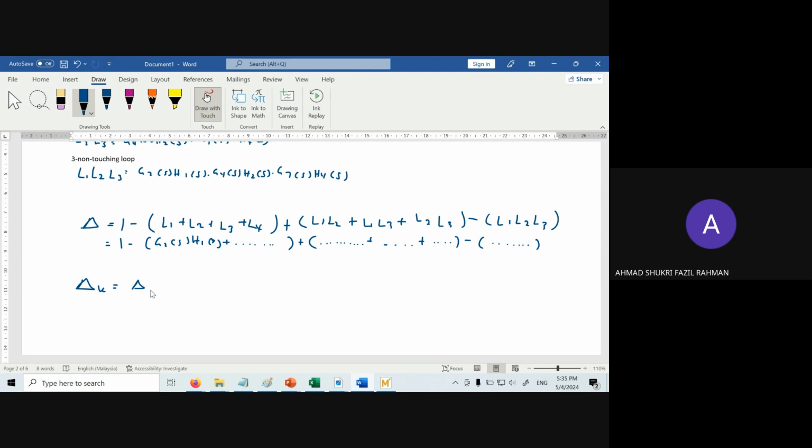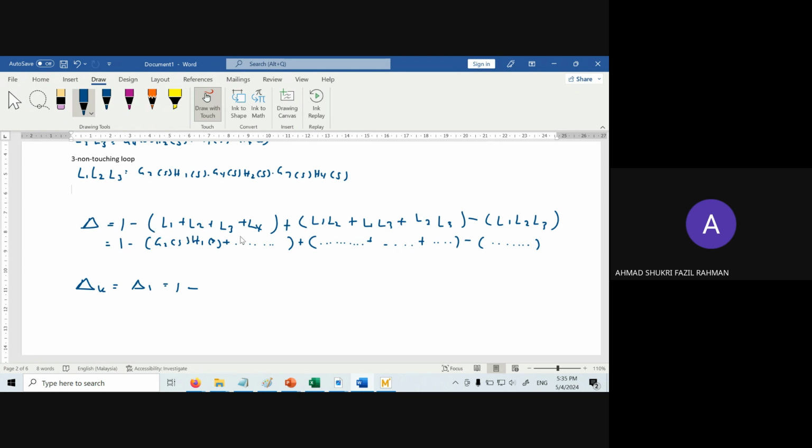If we have more than one forward path, it should be delta 1, delta 2, and so on. But right now, for the example, we have only one, so k is only 1, so delta 1. Okay, so 1 minus. Okay, so we go back to delta.